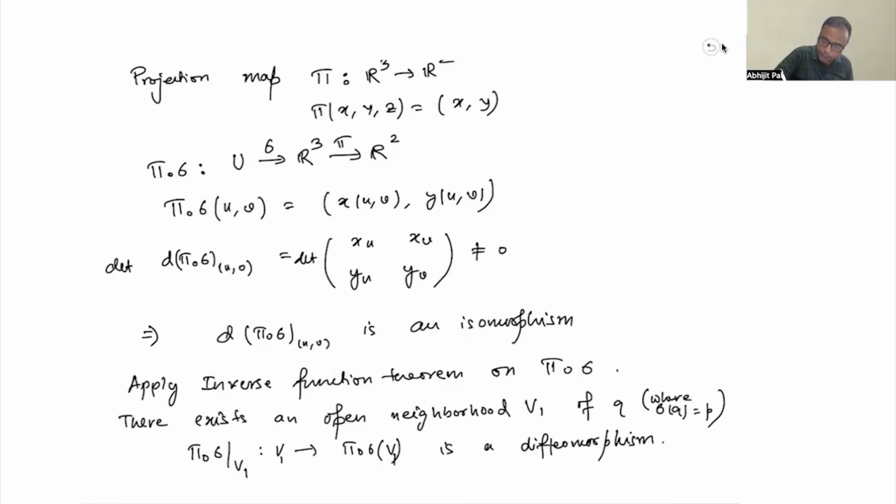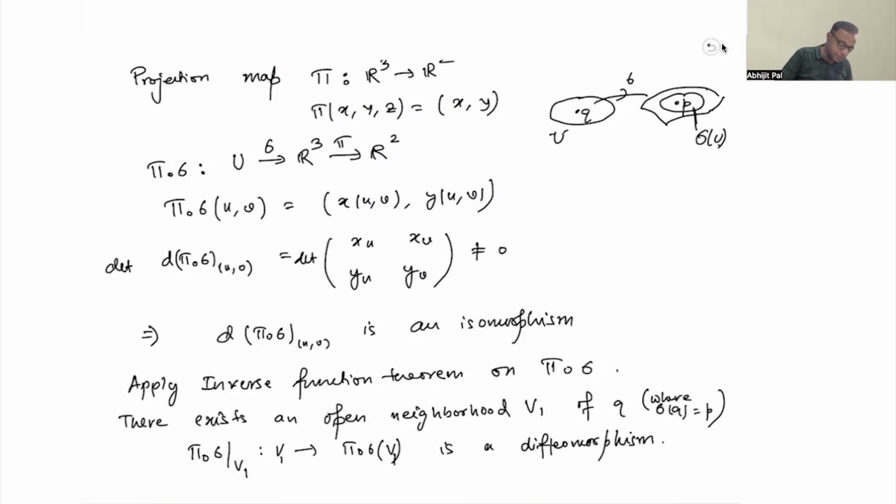Okay, so note that again I can draw a picture. So this is my U, and sigma is a map from this U to R3. So the image is something like this. So this is my sigma U. So P is contained in sigma U, and Q under sigma goes to P. All right.